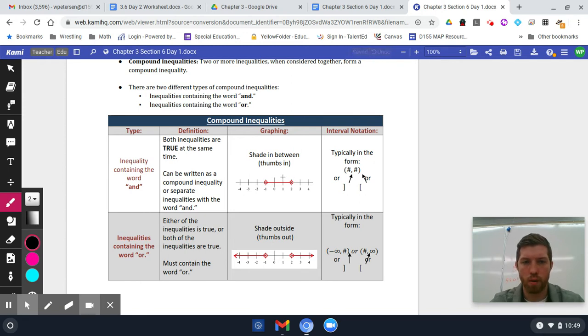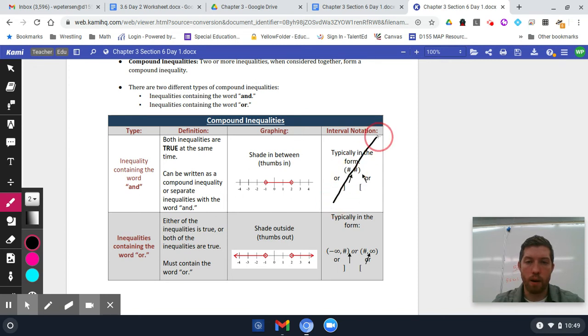Right here, it says thumbs in, thumbs in between. Where our or statement is saying that this could be an answer or this could be an answer. So it's giving you two separate options. Our and statements are thumbs in, ors are thumbs out, okay? Kind of like the oars of a boat. I was talking about that in class.